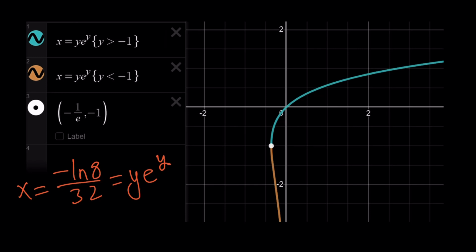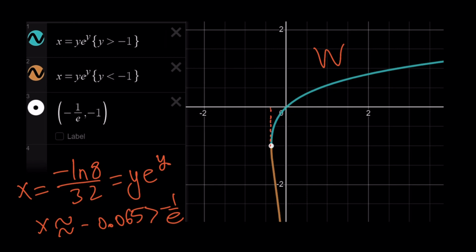This is the graph of Lambert's W function. But notice that there's a cutoff point, and our x value here actually is about negative 0.065, and that just happens to be greater than negative 1 over e. Why is negative 1 over e important? Because that's where our function makes an interesting turn.